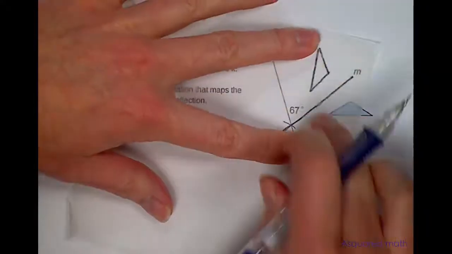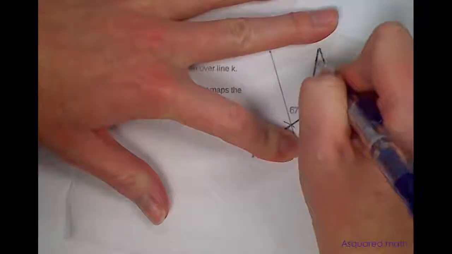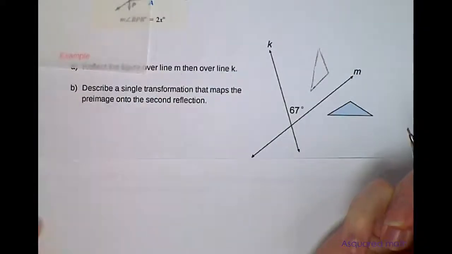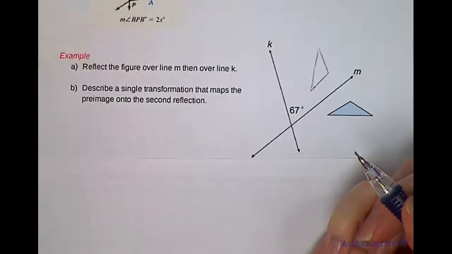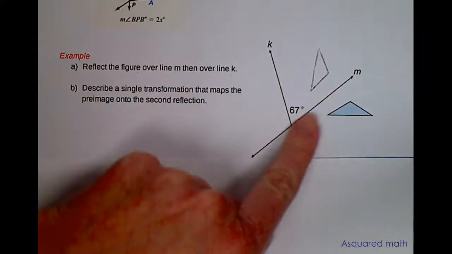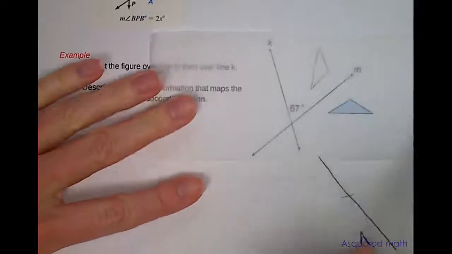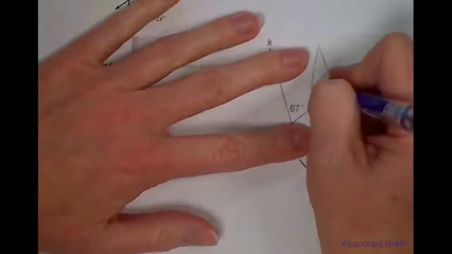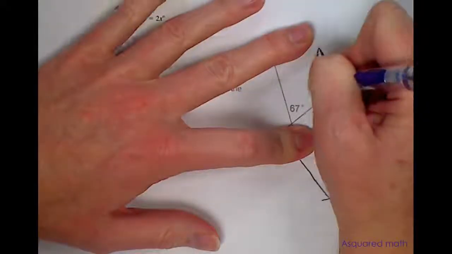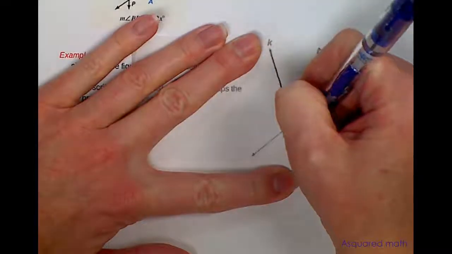And now I flipped my paper, so if I trace over my triangle that I originally drew on the other side of the paper, I can see it here on my paper. It took the pencil from the bottom side and put it onto the paper. Now I need to take this figure and reflect it over line K. So I'm going to draw a new figure on my patty paper, trace over my reflected image, get a nice dark line, and draw in my line of reflection.